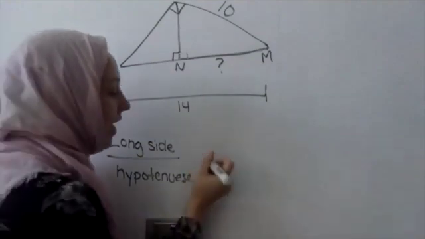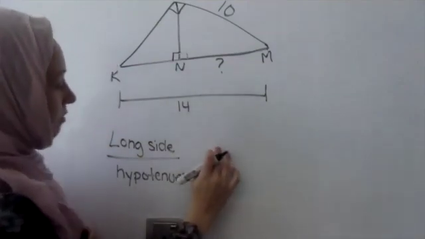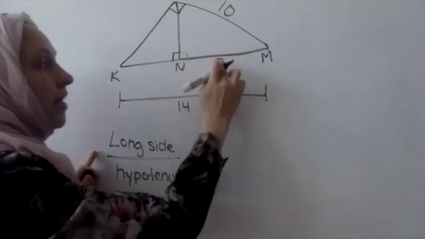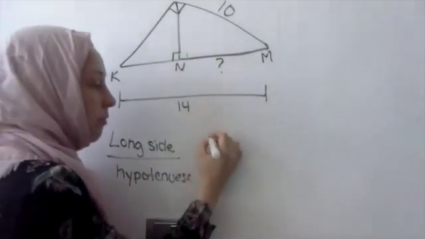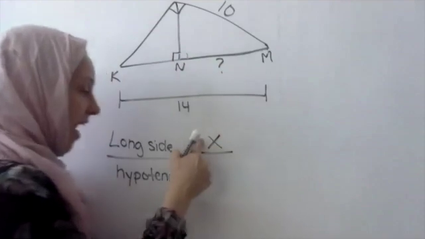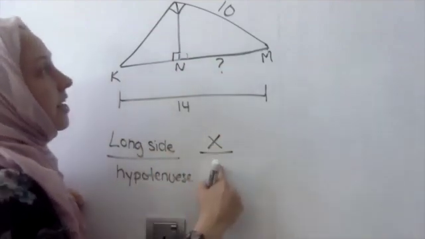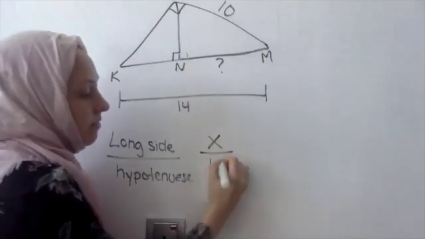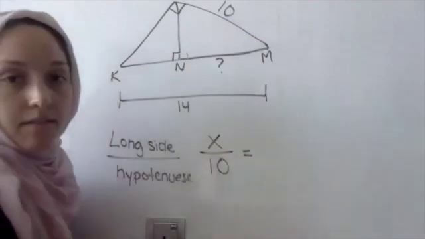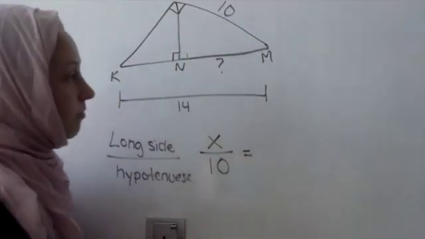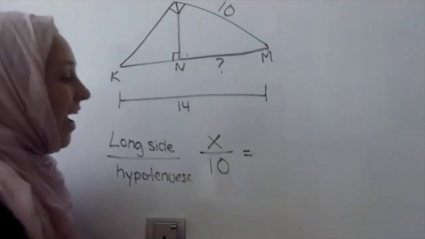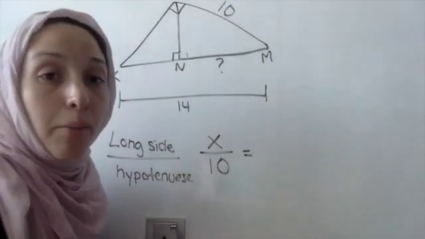Now I'm going to write it out. My long side is my x, and my hypotenuse is 10. Now I have to have another triangle to compare it to.